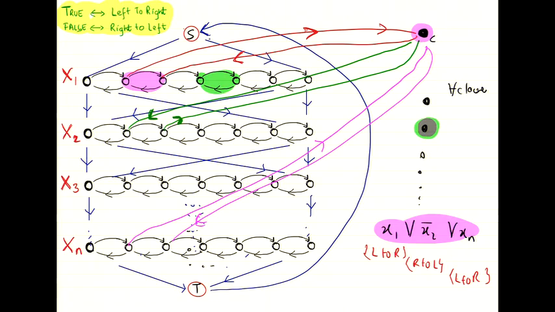So the question is, how do you construct the satisfying assignment from the Hamiltonian cycle? It's very easy. You just look at the Hamiltonian cycle and look at each of these paths. If you're going from left to right, you mark it as true. If you're going from right to left, you mark it as false. And the way we have constructed this, it will satisfy all the clauses. Anything else? Any questions?